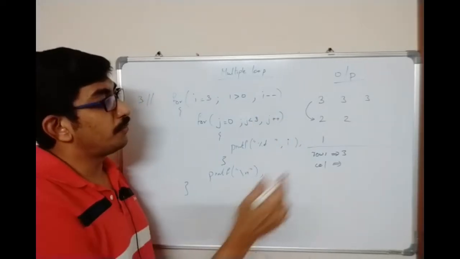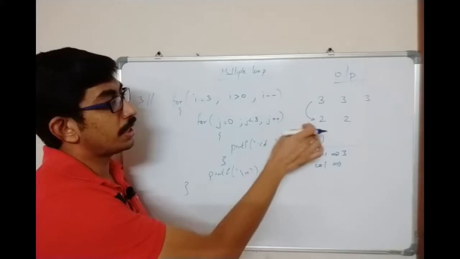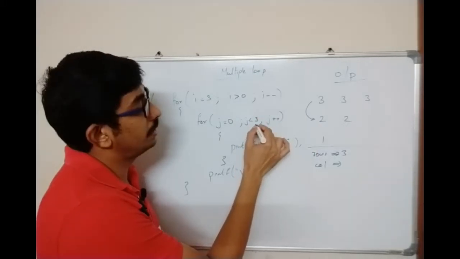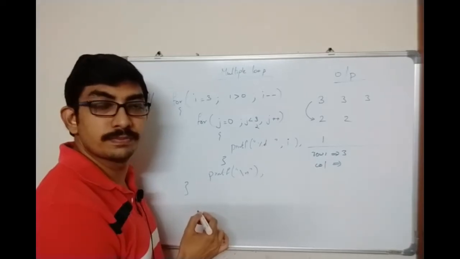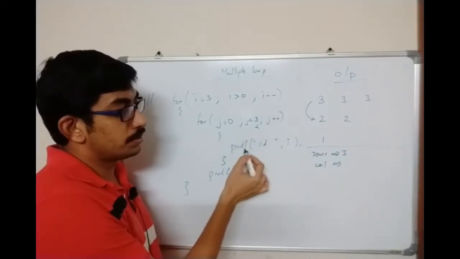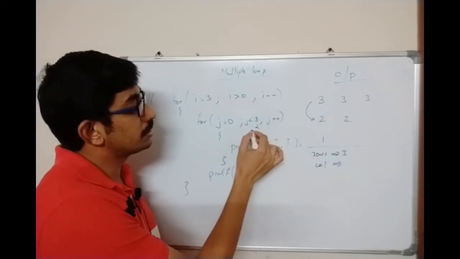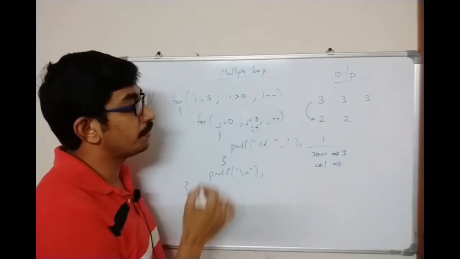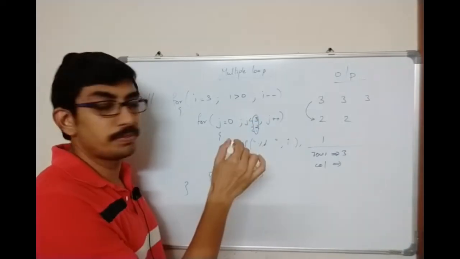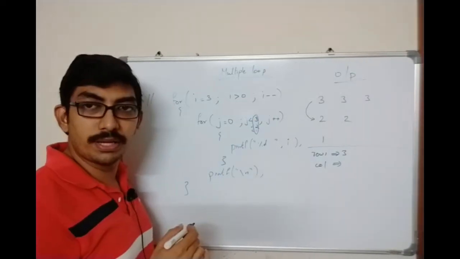What about the second row? Instead of 3, the condition should be j less than 2. And in the third row it should be displayed only 1 time, so the condition should be j less than 1. Here the value is changing, which means it cannot be a constant; there should be a variable for that.